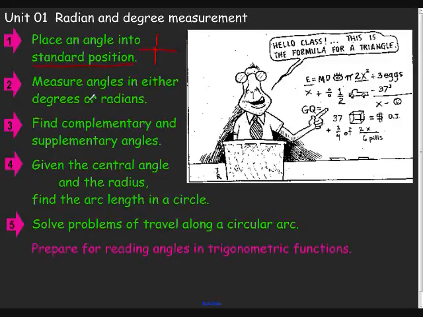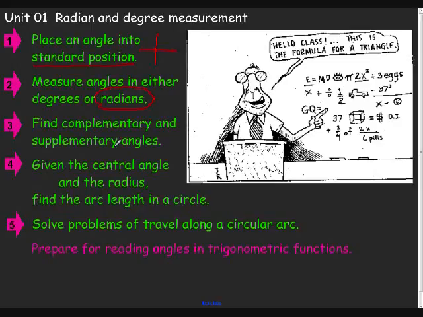Measure angles in either degrees, which you are very familiar with, or radians, which you may or may not have been introduced to. They make a whole lot of sense, and we absolutely need them when we're doing certain kinds of measurements with angles. We'll talk about why later.